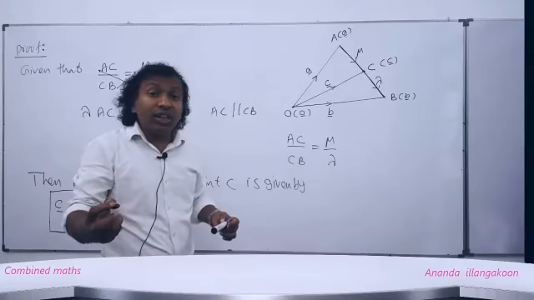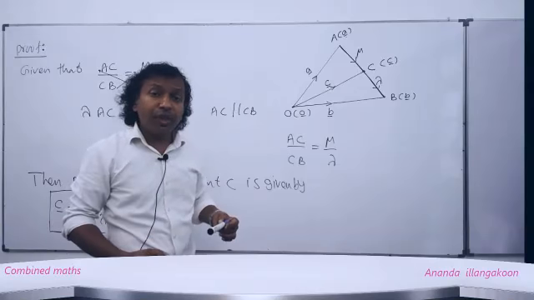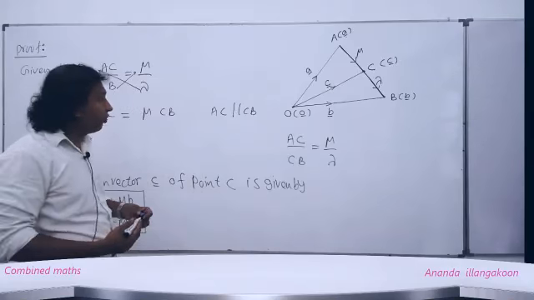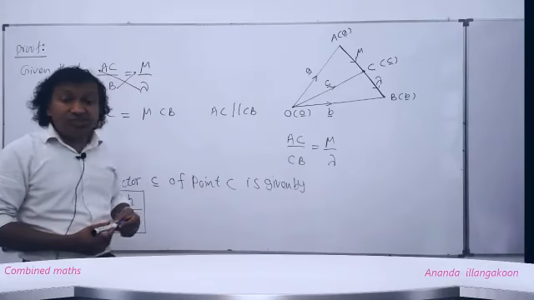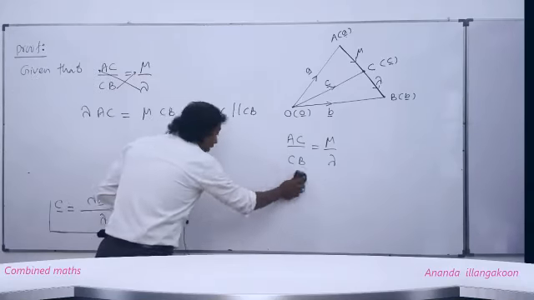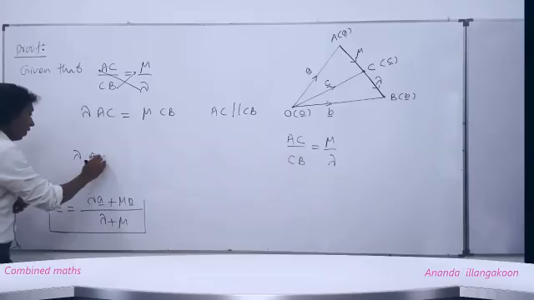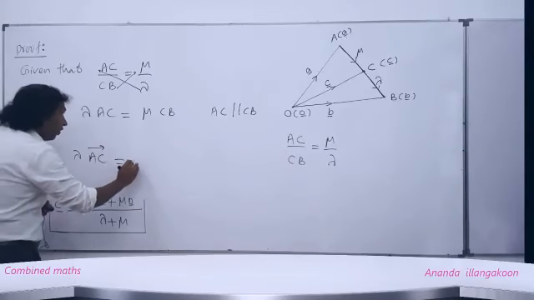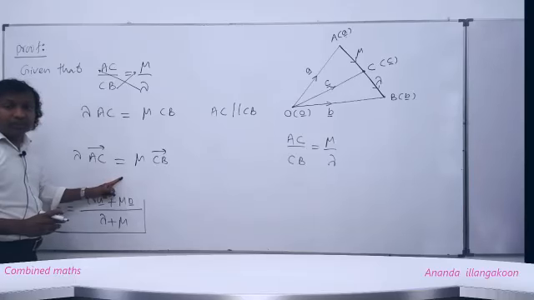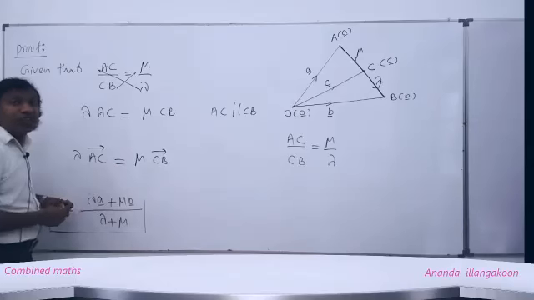How can we express these three qualities in a single vector expression? Tell me whether I'm correct. Lambda AC vector is equal to mu CB vector. If we write like this, do we get those three properties by this vector equation? Yes, it is, people.